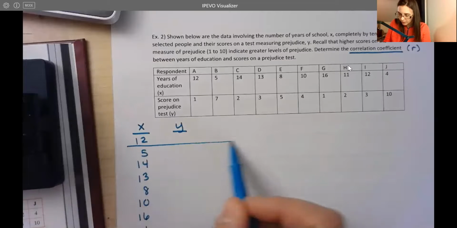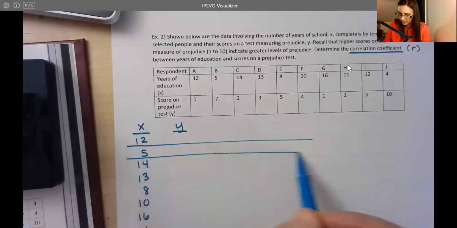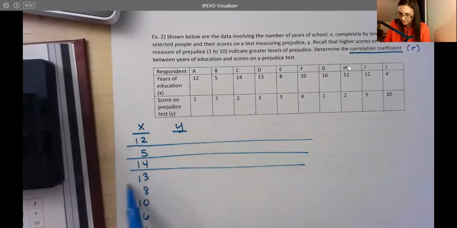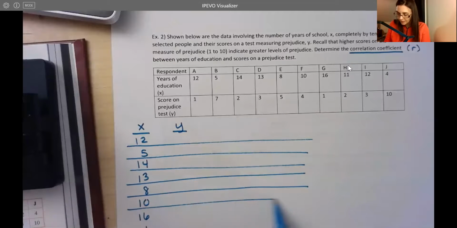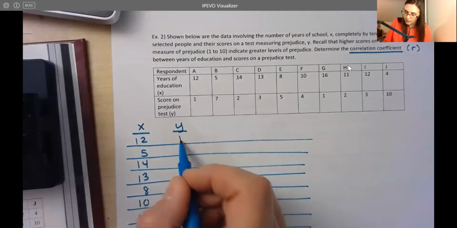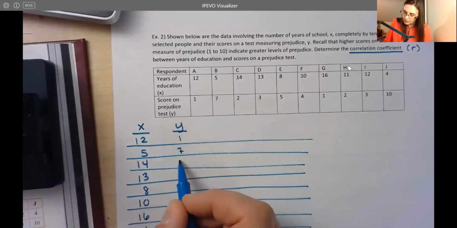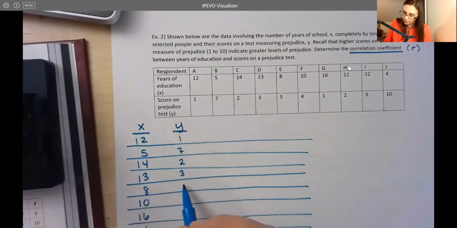And I'm actually just going to make a little table because I think it'll be easier to keep track. This is something where if you had lined paper, it'd probably be easier. And then I'm going to list the Y. So I have 1, 7, 2, 3, 5, 4, 1, 2, 3, and 10.